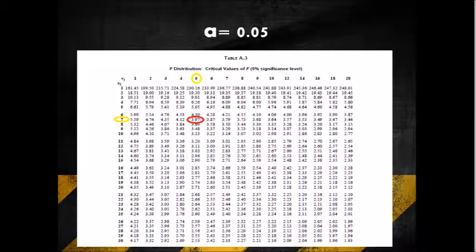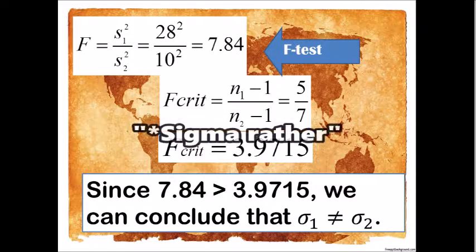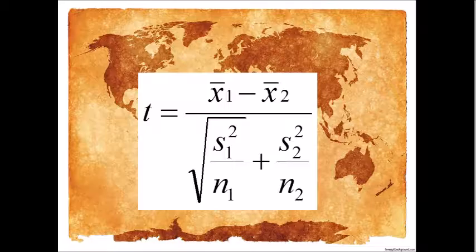Even though the alpha given in the problem was 0.10, we divided it by 2 since the problem is two-tailed. Since 7.84 is greater than 3.9715, we can conclude that S sub 1 is not equal to S sub 2. And so, we will proceed to solving the t-test with unequal variance using the equation given in the previous statement.